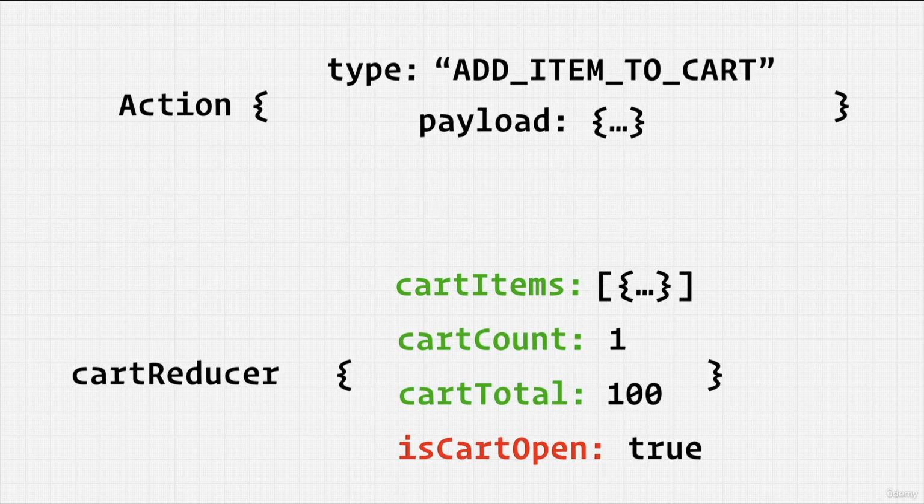This flow of actions modifying cart reducers is the key thing of how reducers are different than how we're currently storing our context state inside of our cart context. So I'm going to go into how we can convert what we have now over to reducers, because this is the step-by-step to learning Redux.